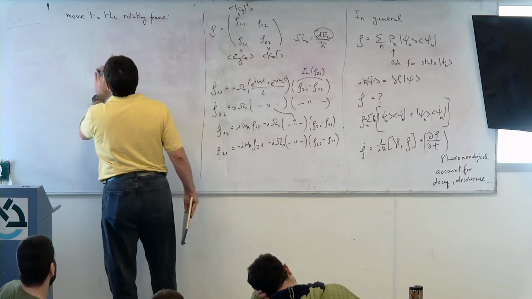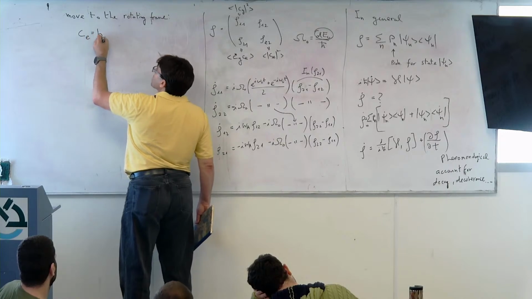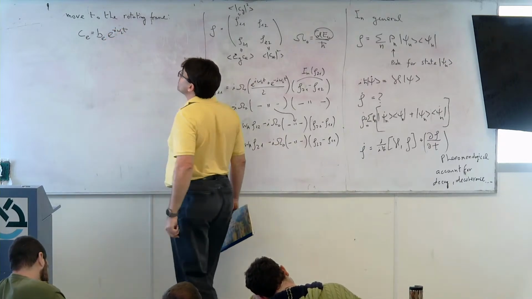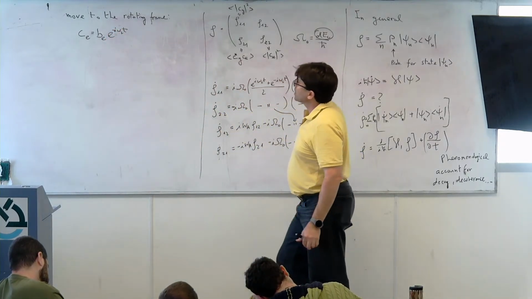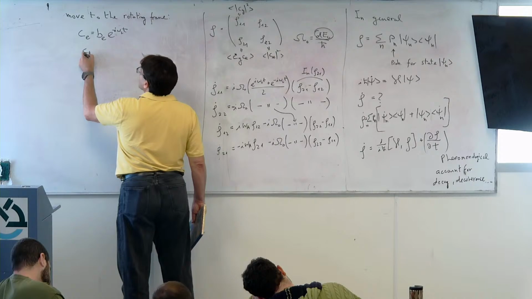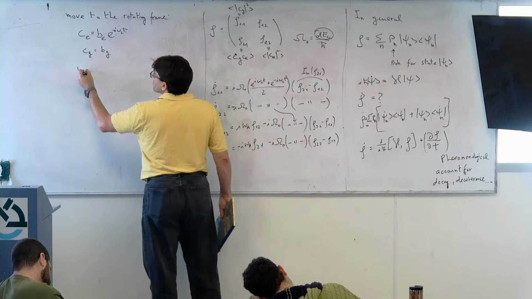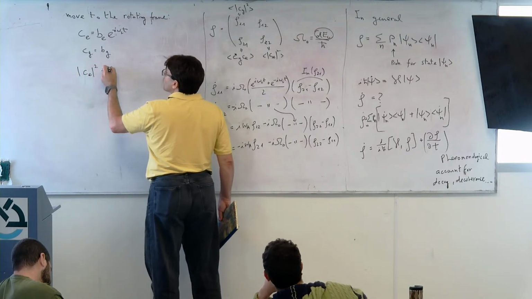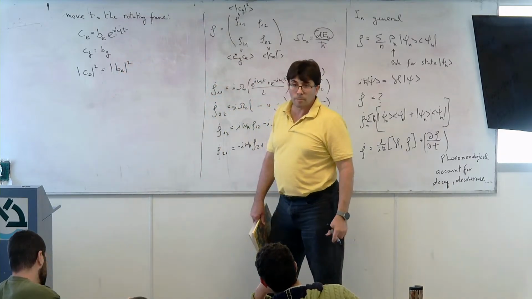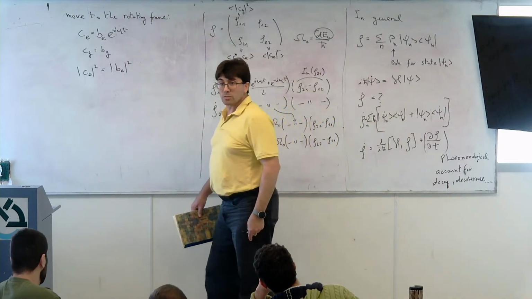So moving to the rotating frame, we just said, look, I look at C excited as being B excited times e to the minus i omega laser t, and C ground is simply B ground. That means that the absolute value squared of C excited and of B excited are the same. The only thing that changes are the cross multiplications.